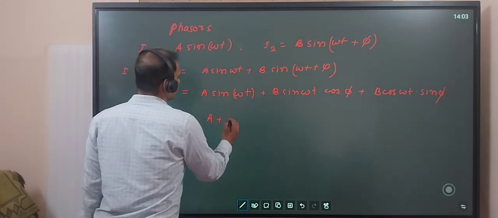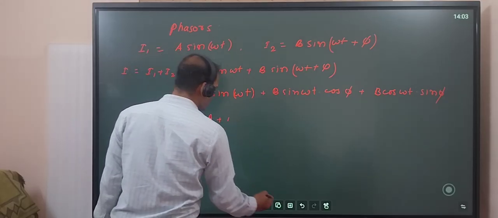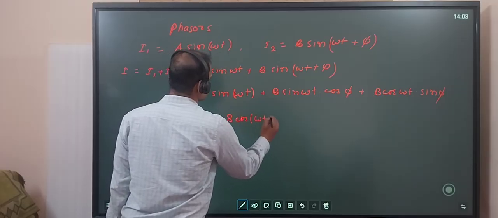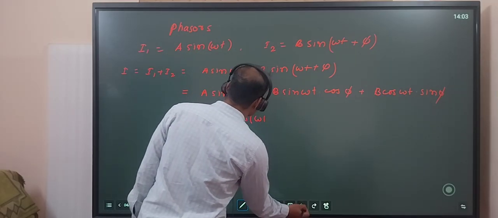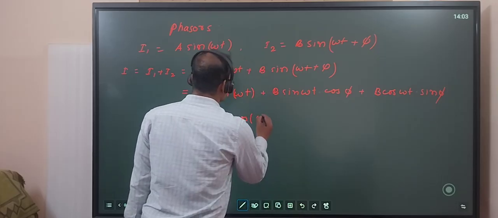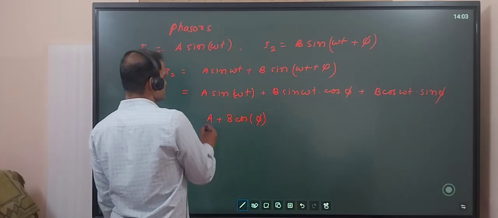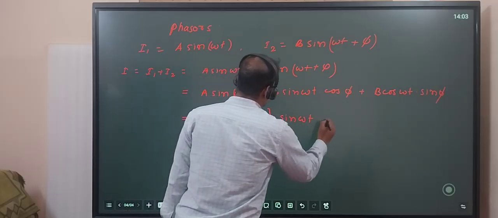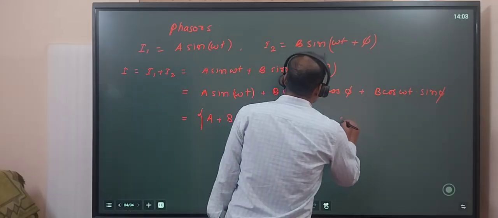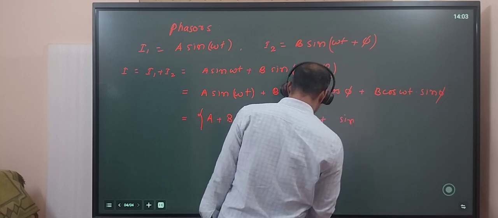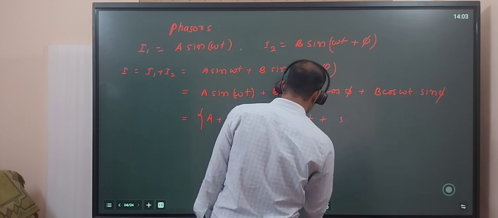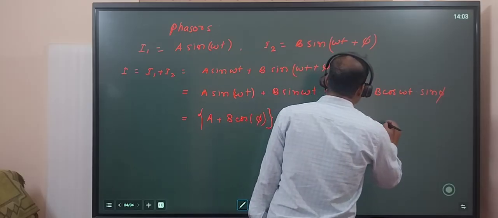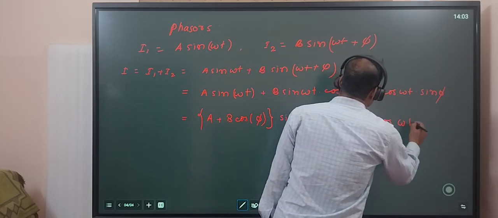Now we are trying to club the sin omega t part. So (a plus b cos phi) sin omega t plus (b sin phi) cos omega t.